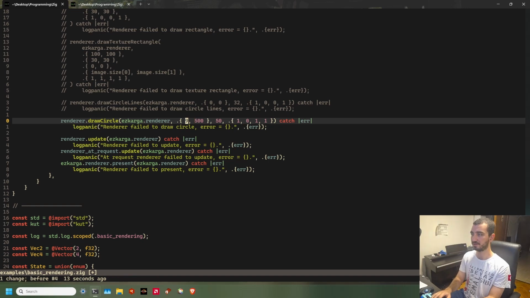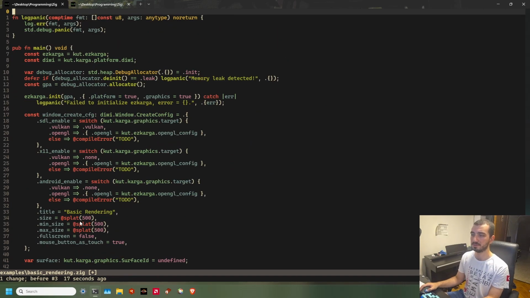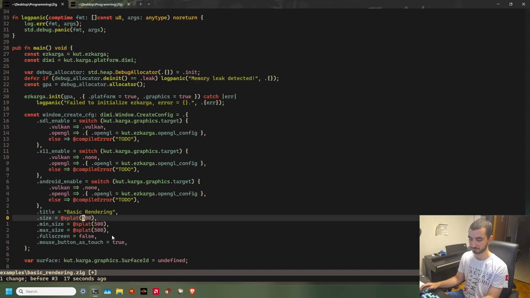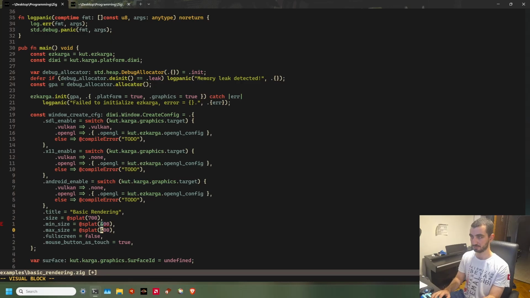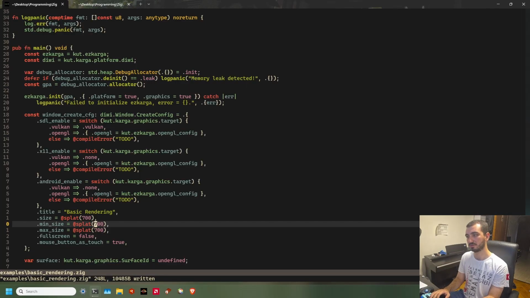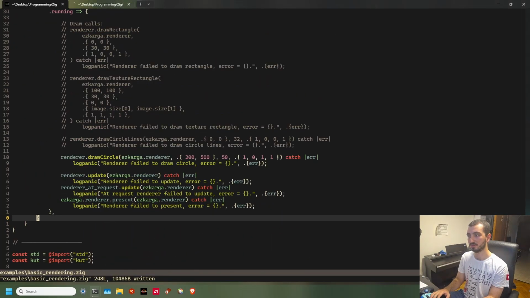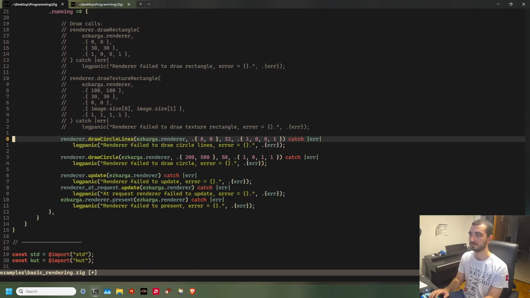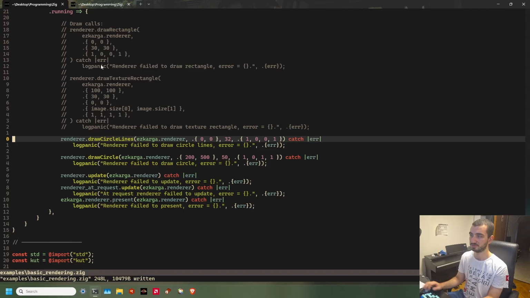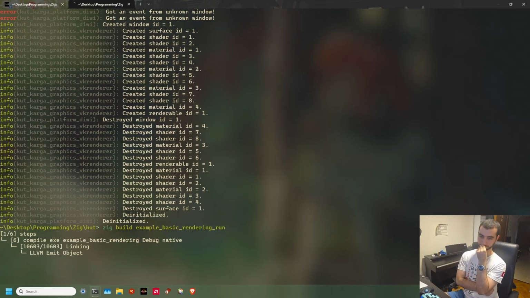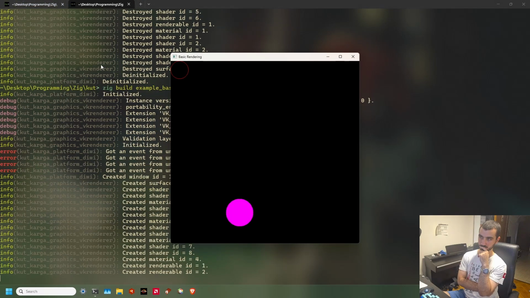So I think it just went out of bounds. How big is my window? Oh, the maximum size is 500. That's fine. Let's make this 700 by 700. So that should do it. There we go. And let's draw the circle lines as well. Okay, there we go. Now it does work.